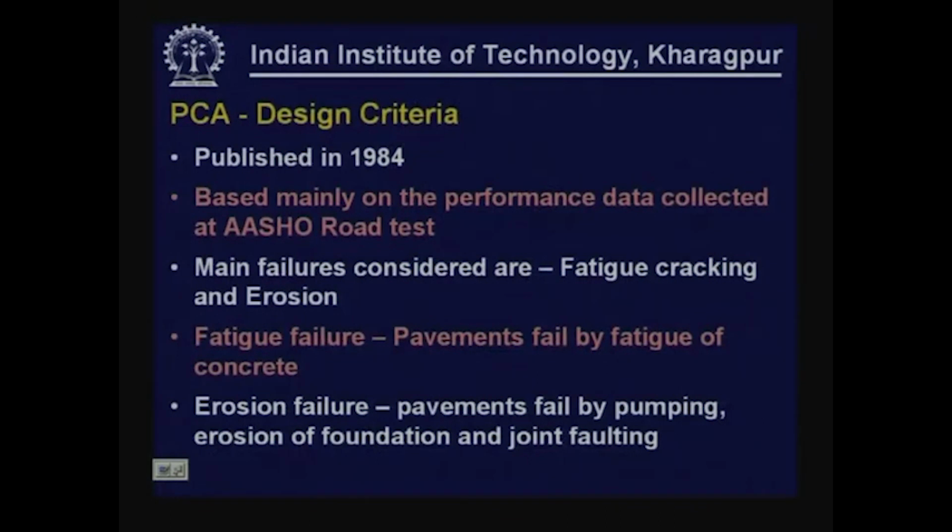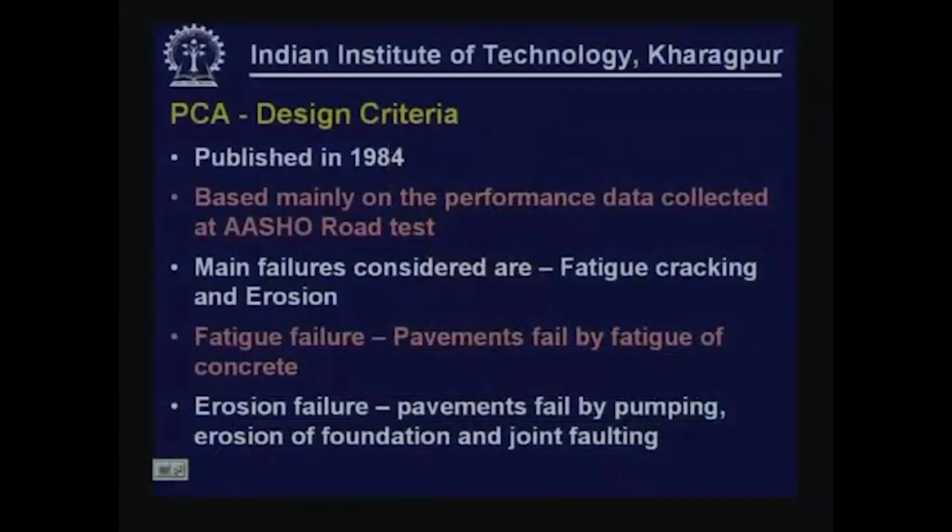The main failures considered in the PCA design procedure are fatigue cracking of concrete and erosion of foundation. So, these are the two main failures. If you recollect, in the previous lesson on design of concrete pavements as per IRC procedure, there also we made a mention of erosion failure, but IRC does not make any specific design provisions for carrying out erosion analysis.